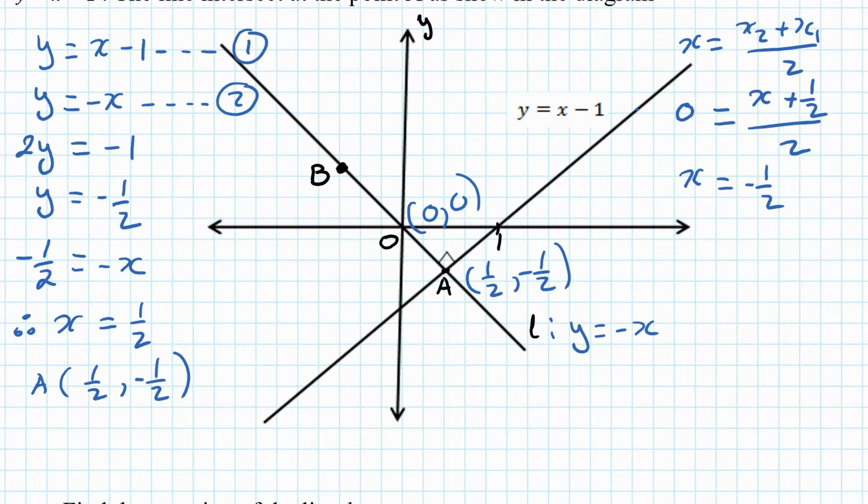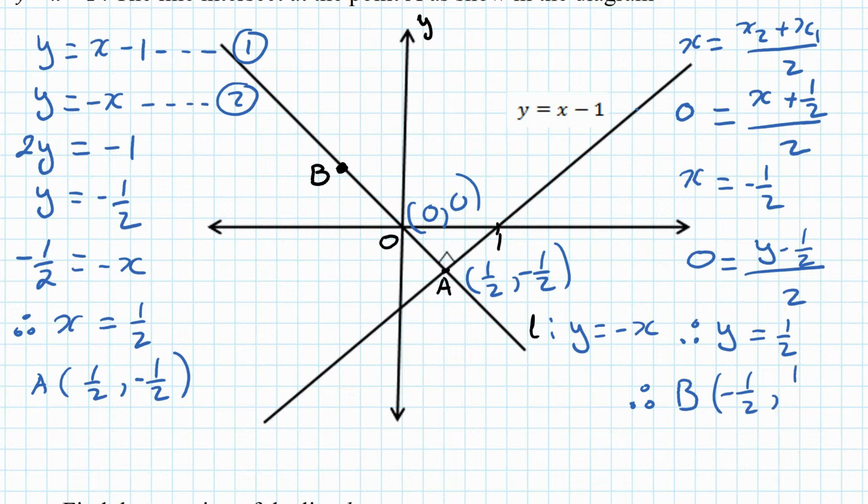Then to find the y value for B, 0 equals (y2 plus y1), which is y minus 1/2, divided by 2. So therefore y must equal 1/2. So therefore point B is (-1/2, 1/2). So that's how you find B.